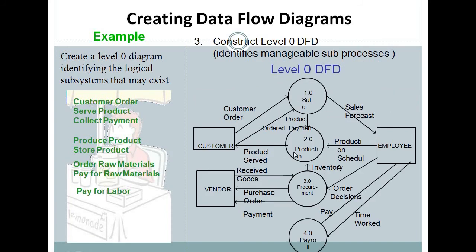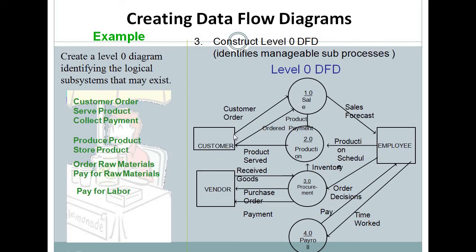Now second is level 0, which identifies the logical subsystems which may also exist: customer order, serve product, collect payment, store products, produce products, what will be the raw material, how they will pay for raw material, how they will pay for labor.